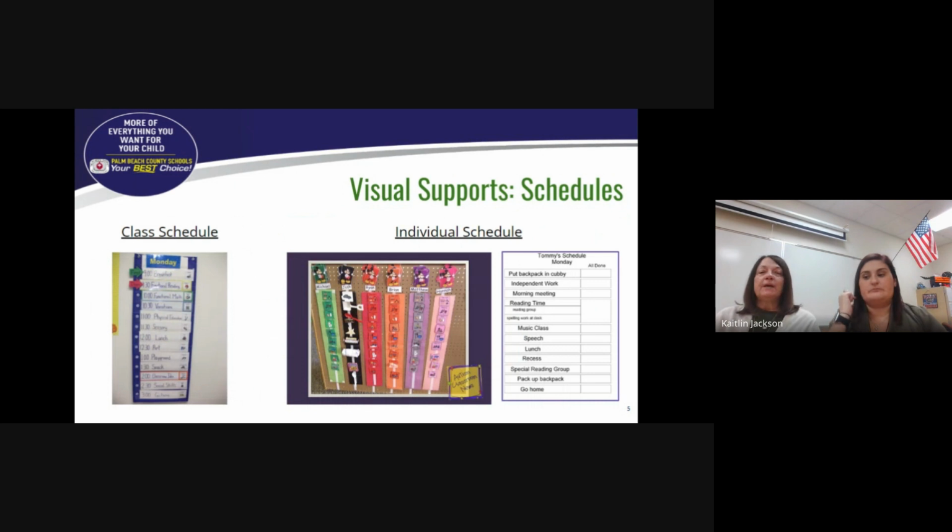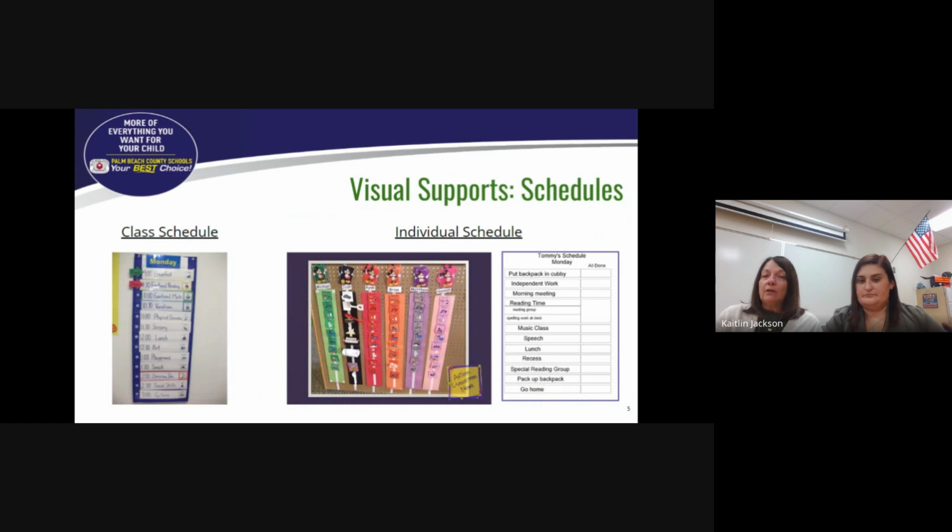So there's a different type. These are called visual support schedules. One says class schedule, and it's written out, letting the kids know reading is at this time. Then we have math. Sometimes teachers do put them on the students' desks as well to go along with the classroom-wide schedule. Next, the section that says individual.